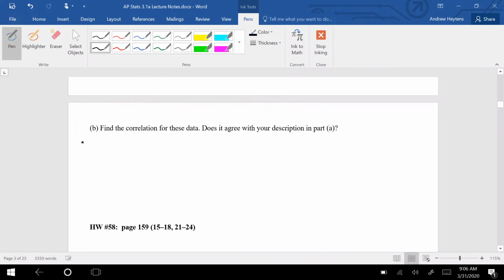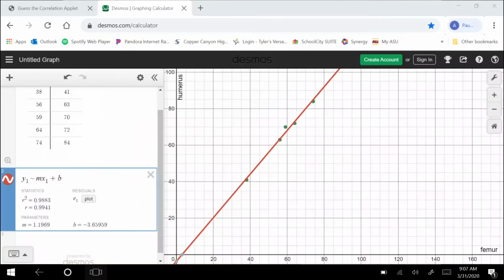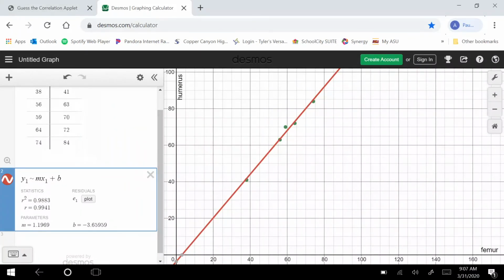So y1 tilde m x1 plus b inserts what's called a line of best fit, which is a linear line to represent your scatter plot. Normally that's not there, but again, that's called a line of best fit.